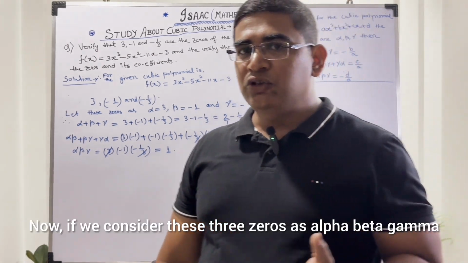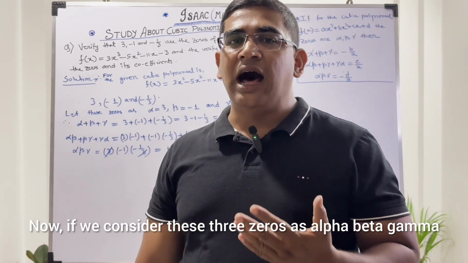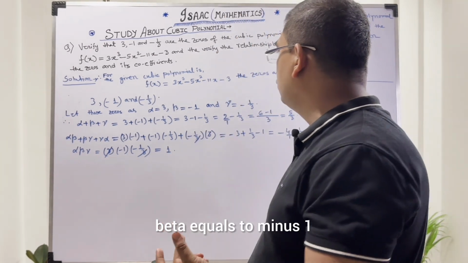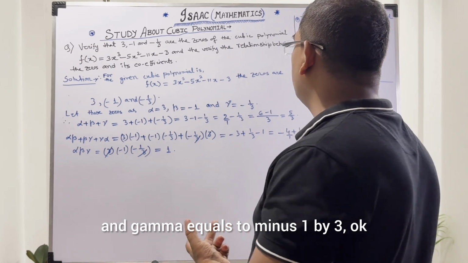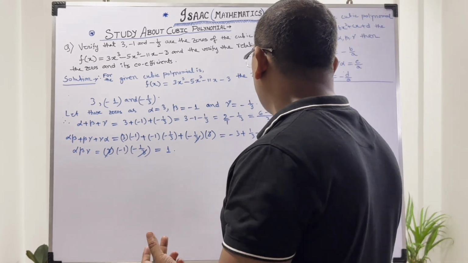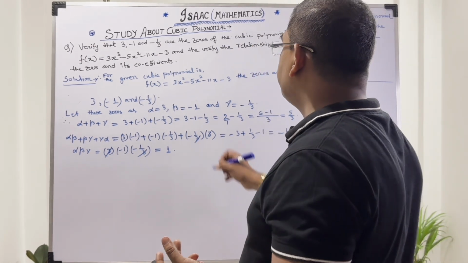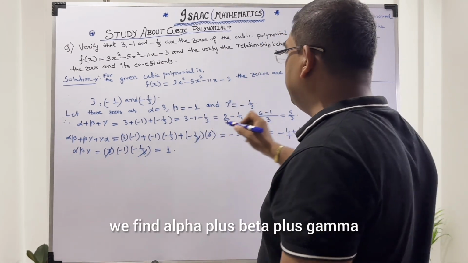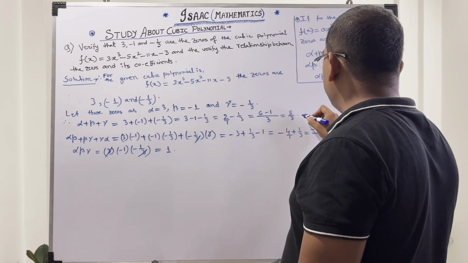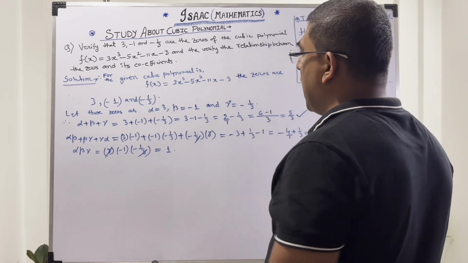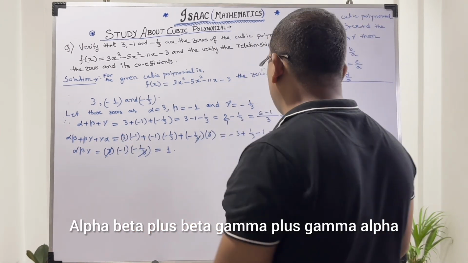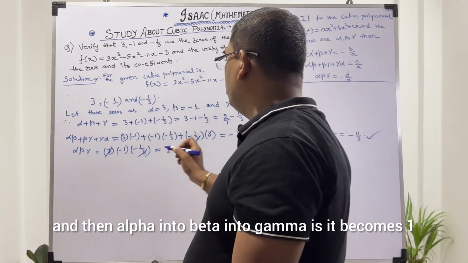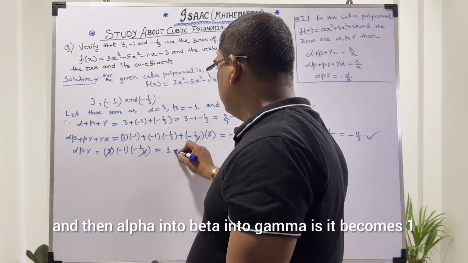Now if we consider these three zeros as alpha, beta, gamma, then we get alpha equals to 3, beta equals to minus 1 and gamma equals to minus 1 by 3. Okay. So after representing alpha, beta, gamma in this way, we find alpha plus beta plus gamma. It becomes 5 by 3. Alpha beta plus beta gamma plus gamma alpha becomes minus 11 by 3. And then alpha into beta into gamma it becomes 1. Okay.